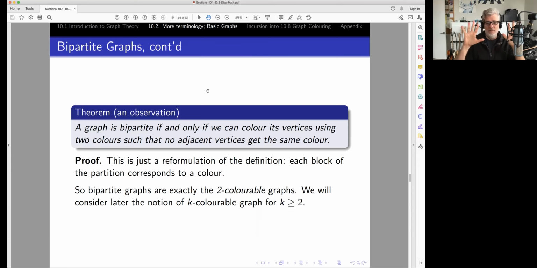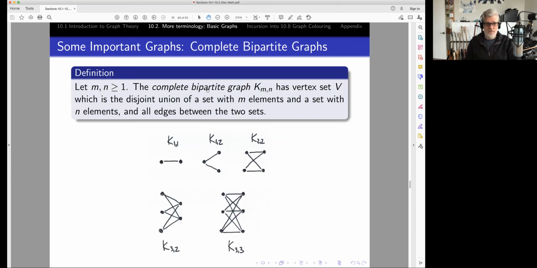The blocks of the partition, these two blocks, are the colors. So bipartite graphs are those graphs that can be two colored. And this little incursion I want to make into 10.8 about graph coloring has to do with coloring graphs with more than two colors. So bipartite graphs are exactly those graphs that can be two colored.